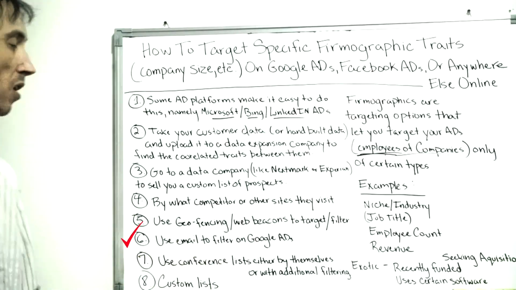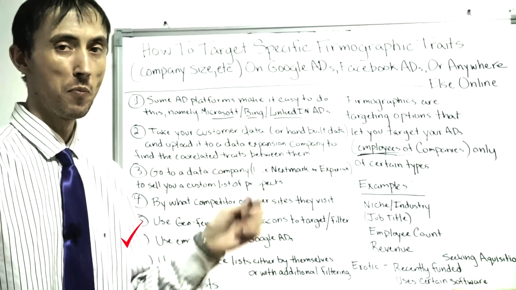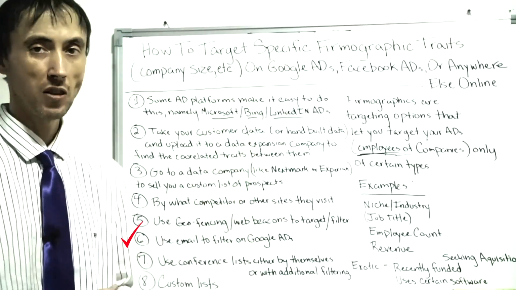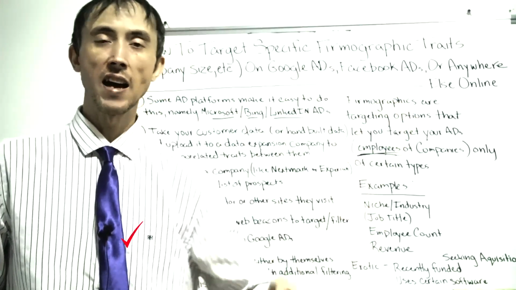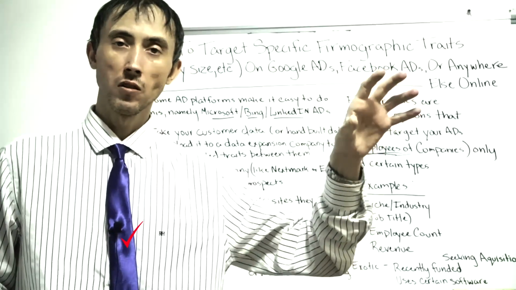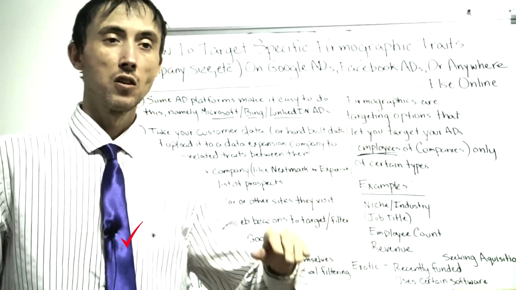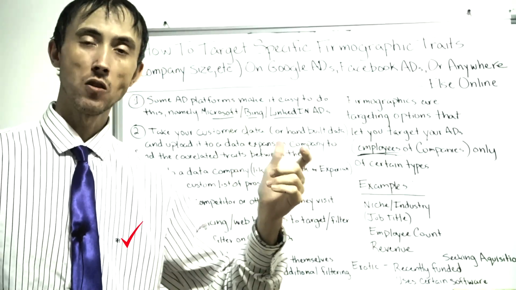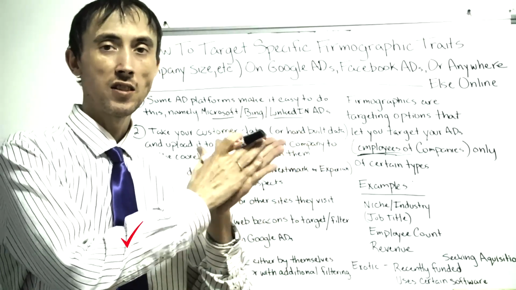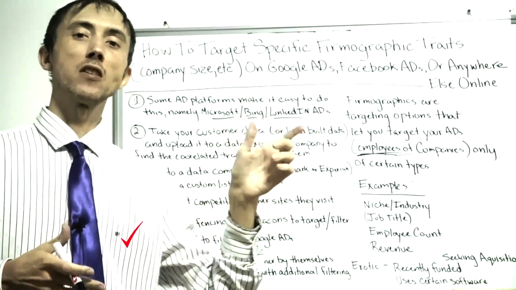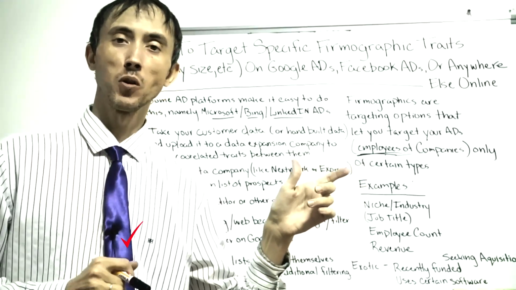6, use email to filter on Google Ads. So Google Ads, kind of like what I was talking about before with the Bing Ads, Microsoft Ads. If you want to target only certain people of a certain company size or certain trait or whatever on Google when they search for your keywords, so I mentioned with Bing you can do this already, but with Google, you want to target sales training services, but you want your ad to only show up for that person if they're from a company that has at least 100 employees.